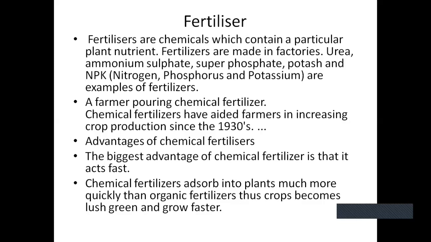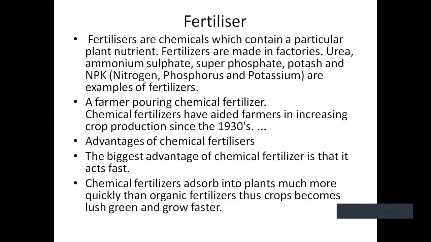And then the war was over, and after the war was over, these factories were converted into factories for production of fertilizers. And then a lot of fertilizer was produced in those countries, and then it was introduced to Indian farmers, saying that it is going to give the best result to you.